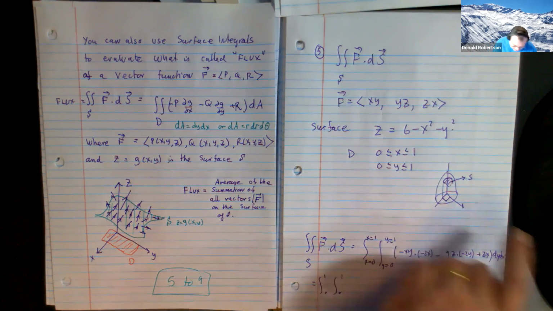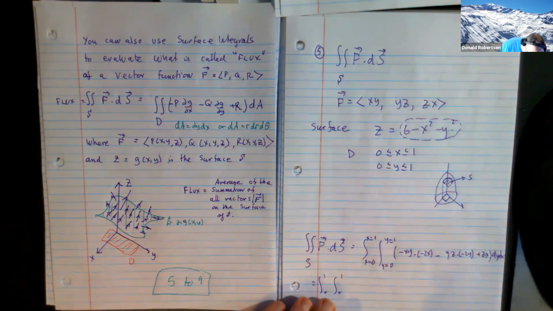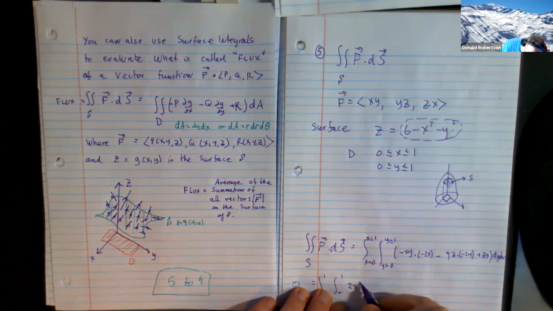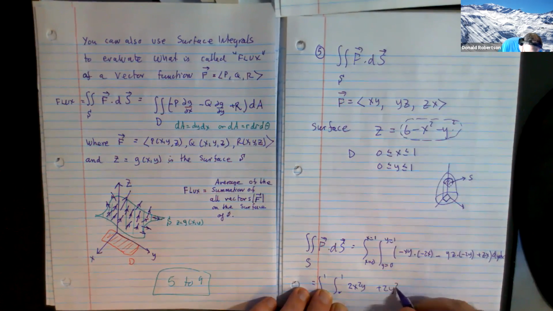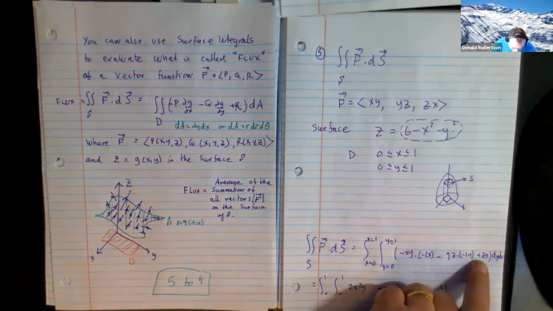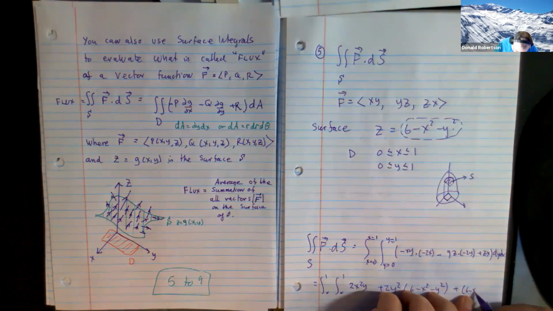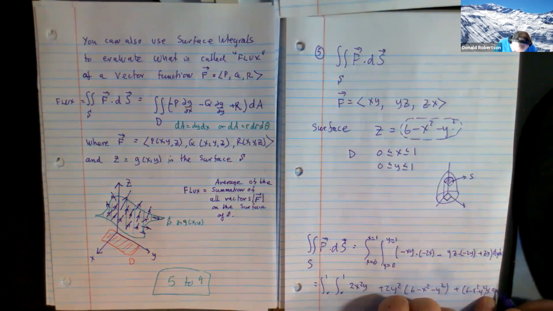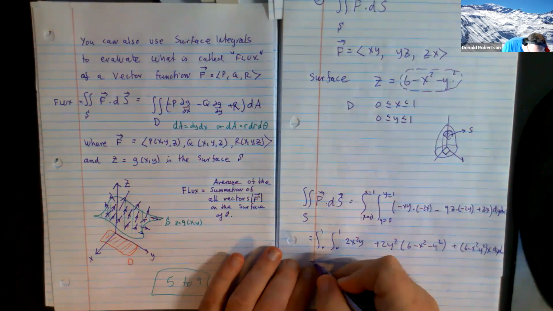Those z's are going to get replaced by that. So that times that is positive 2x squared y. That times that is plus 2y squared, but instead of z, you get that. And this guy that says zx is basically going to be this guy, x dy dx.